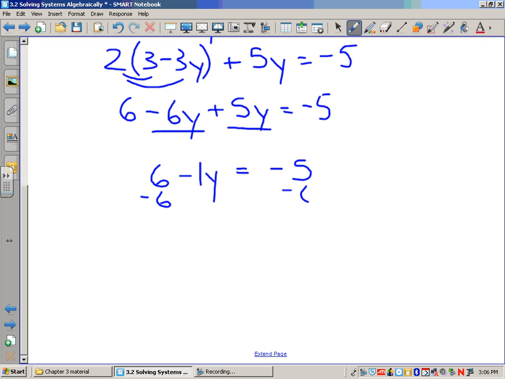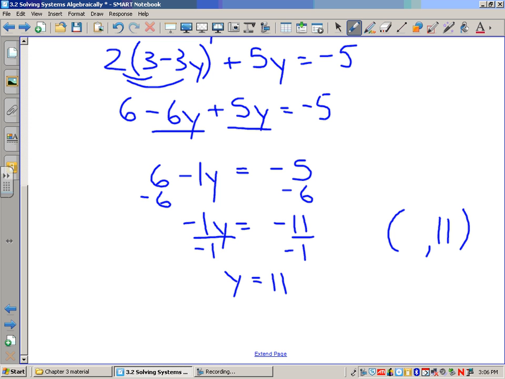Subtract 6, because your job is to get y on a side by itself. Divide by negative 1. y equals 11. So your answer is an ordered pair. What you've found so far is one part of the ordered pair. Since you found the y, it's going in the y spot of the coordinate.